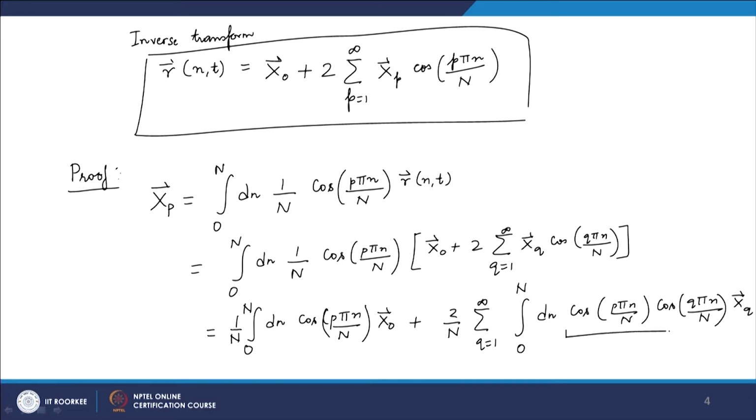This I am going to replace using the rule that we have discussed earlier, cos a plus b plus cos a minus b by 2.